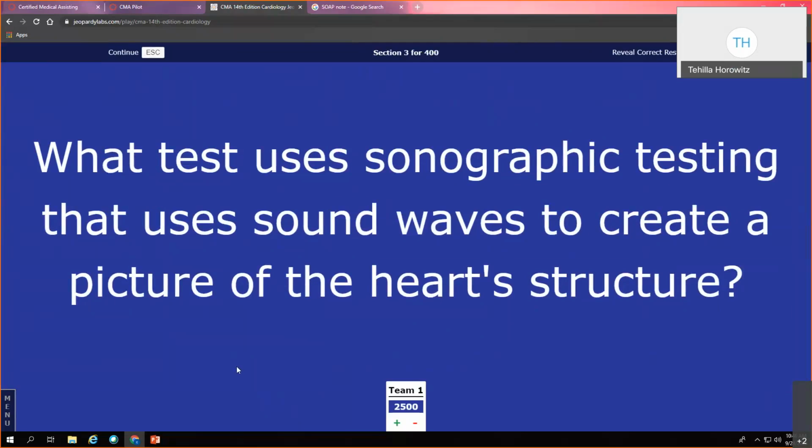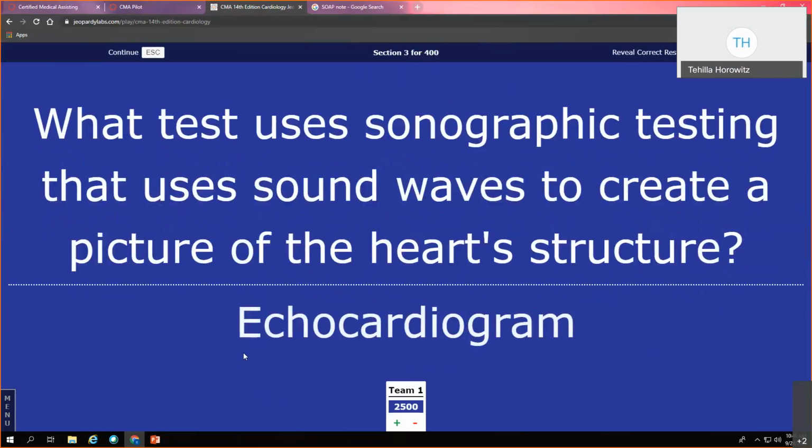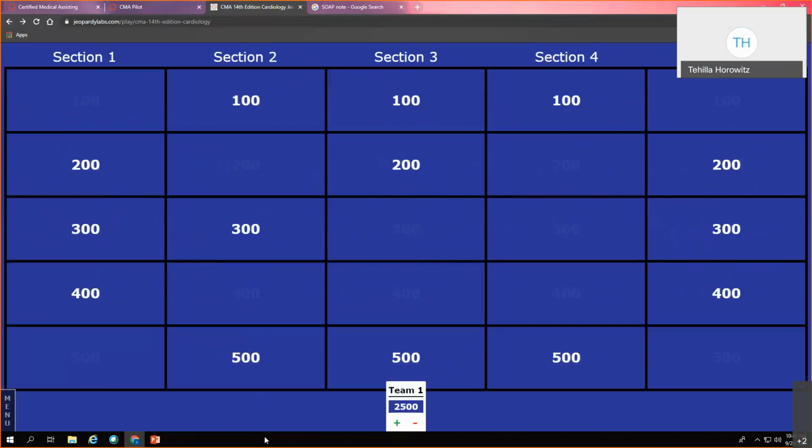I'm going to post a link to the Jeopardy game too, to study that as well. That'd be cool. I can't remember. It's an echocardiogram. I knew that. Oftentimes we just call it an echo. Basically an ultrasound of the heart. And does it create an actual picture? Yes.